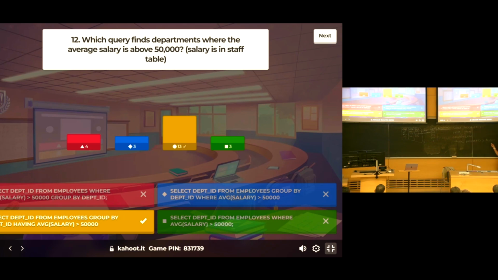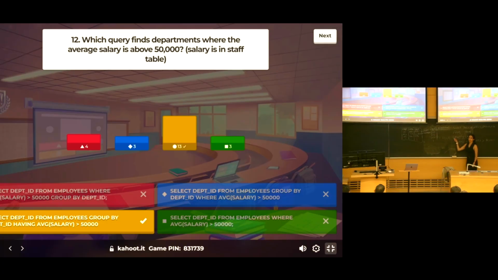So is this clear? What other column can I include in the select part of my statement? Can I have select department name or employee ID? As a hint, I'm using group by department ID.